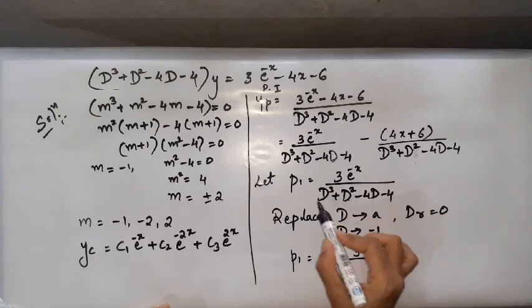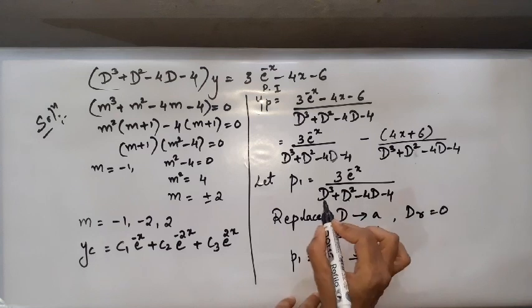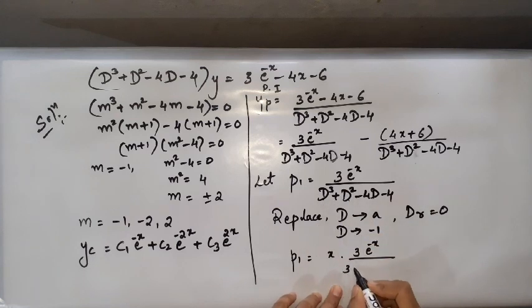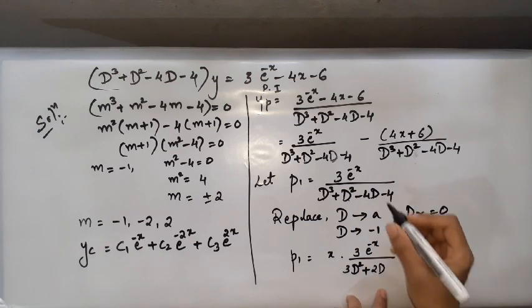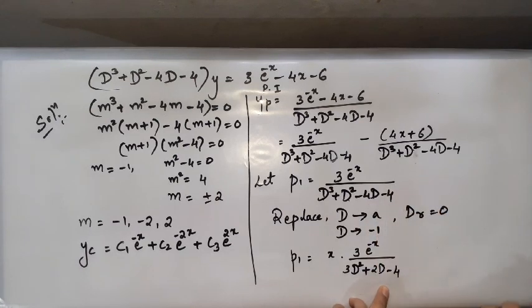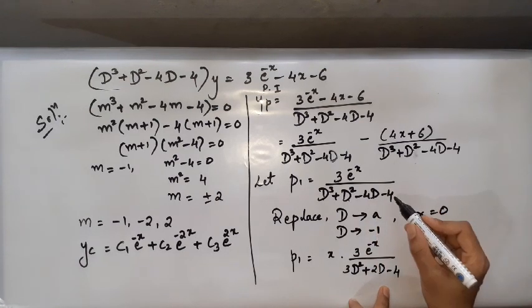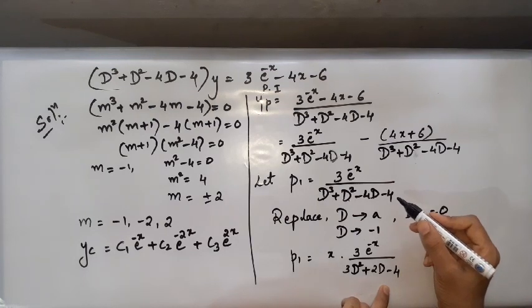You have to differentiate the denominator with respect to d. So if you do so, what do you get? Derivative of d cube with respect to d, 3d square, plus derivative of d square with respect to d, 2d, minus derivative of 4d with respect to d, it will be simply 4. Finally, the derivative of minus 4 with respect to d, it will be 0 because it is constant.